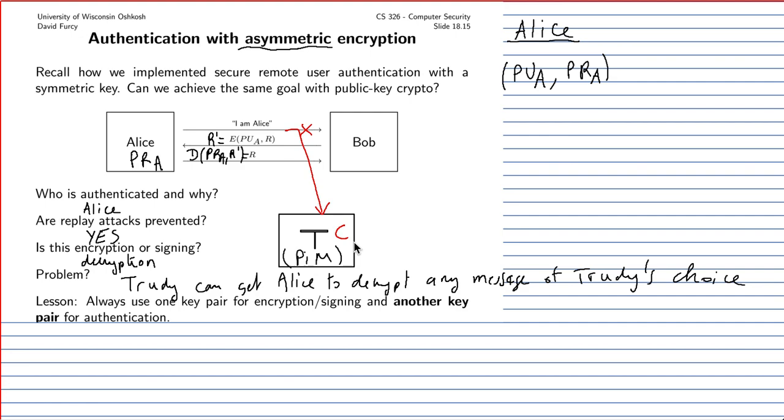Then what Trudy is going to do is she's going to send that encrypted message C to Alice, and Alice will think, pretending to be Bob, of course, Trudy is going to pretend to be Bob. Alice is going to think, oh, this is a challenge from Bob.